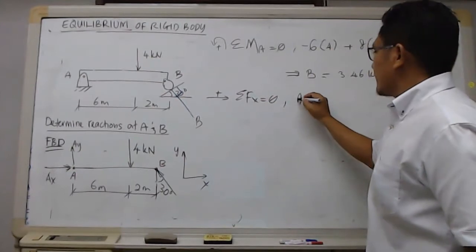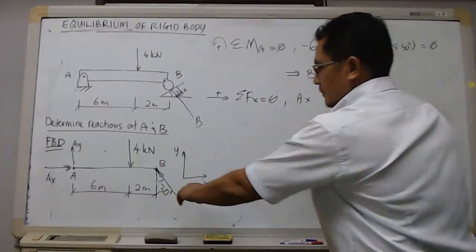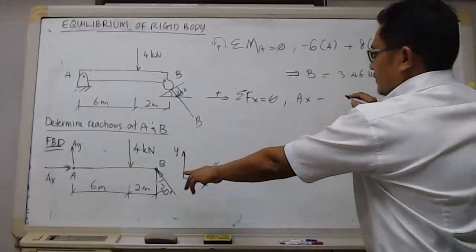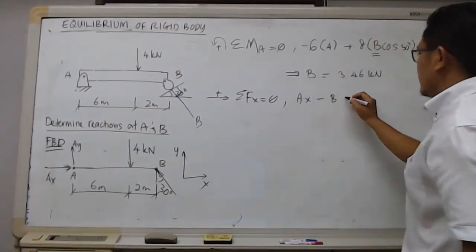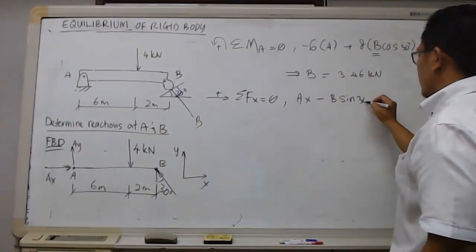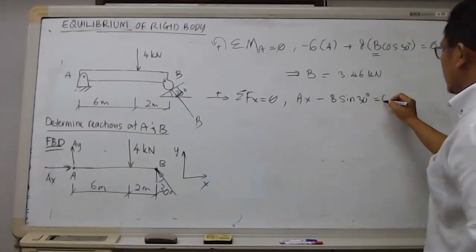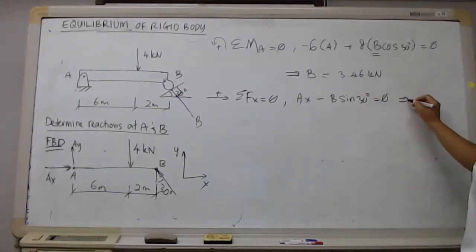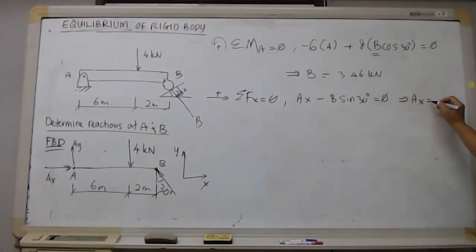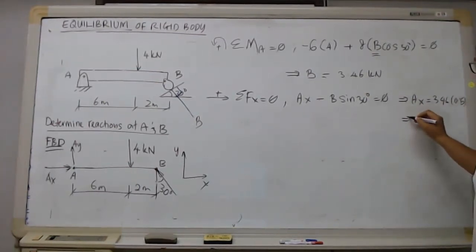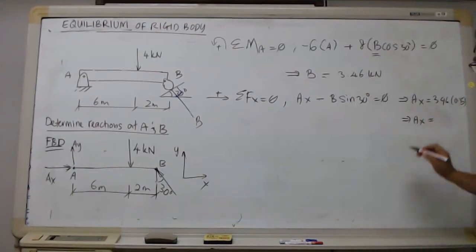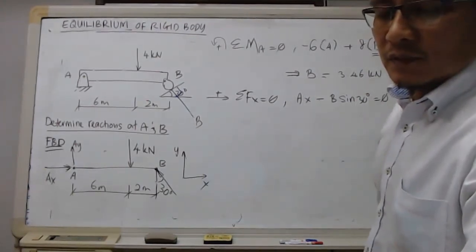So AX minus B sine 30 is equal to 0. Then we get the AX is equal to 3.46 times 0.5.